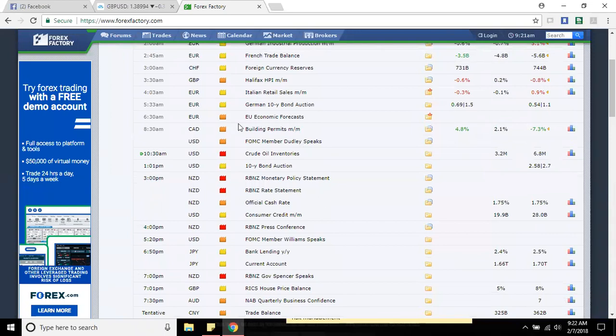The Fed already spoke at 8:30. Didn't much happen. So this is what all of the New York session is waiting on, the crude oil inventories, which is huge. This is going to affect gas prices and everything, guys. So depending on which way this goes, you're either going to see a spike in gas prices or you're going to see gas prices go down.